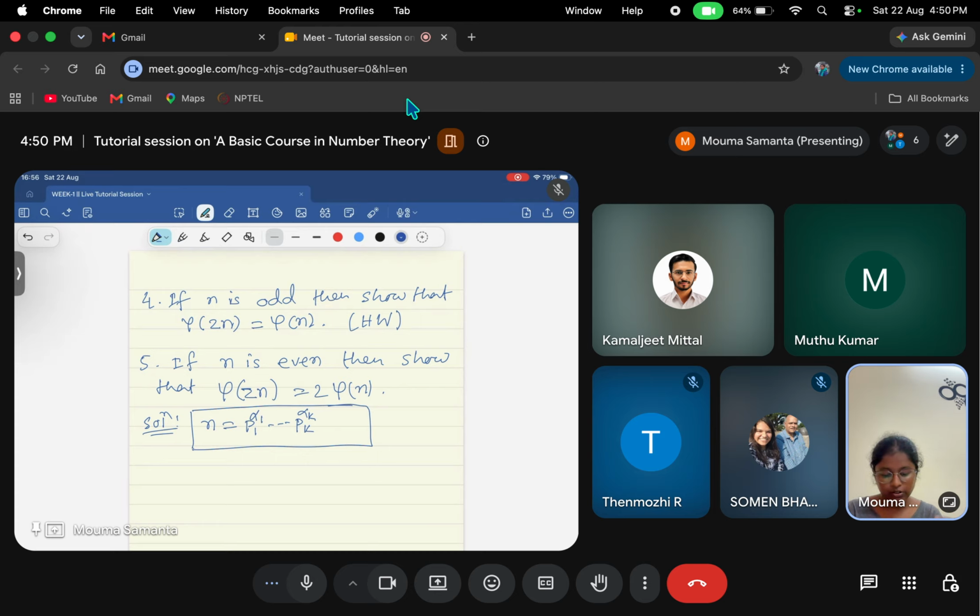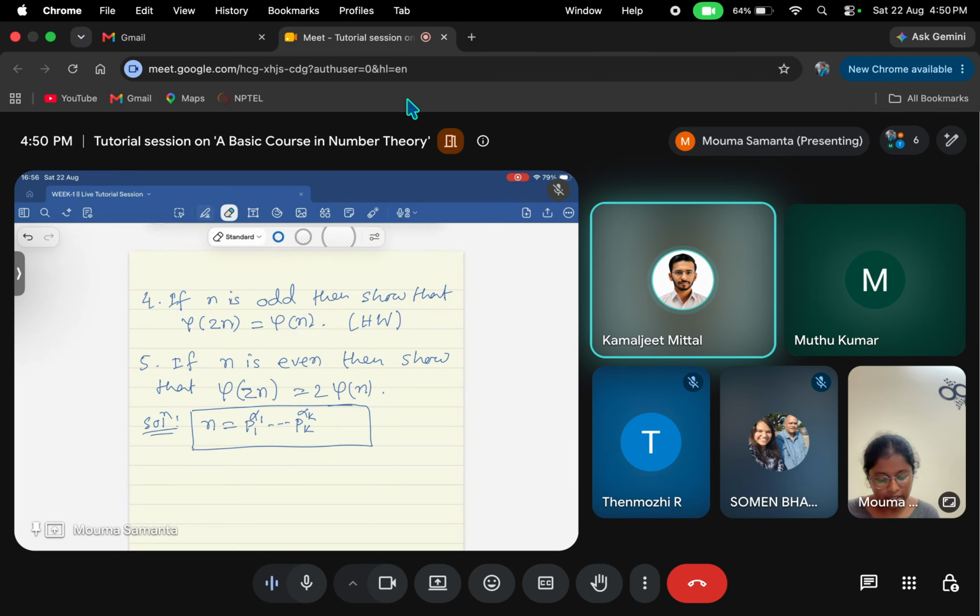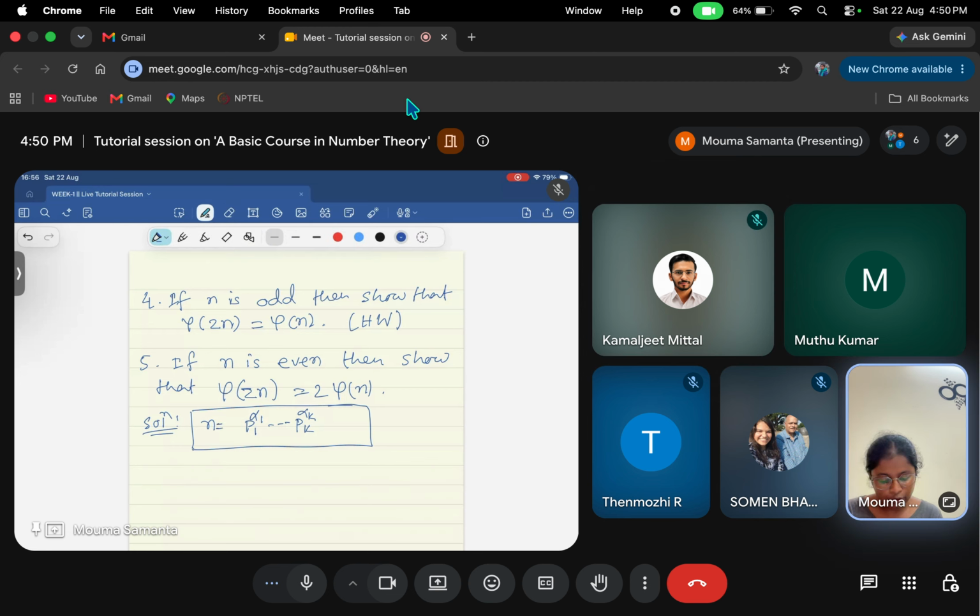At least 1. So since n is even, write the prime decomposition of n in this form, where n equals 2 power r into p1 power alpha 1 up to pk power alpha k, where the pi's are different primes from 2.